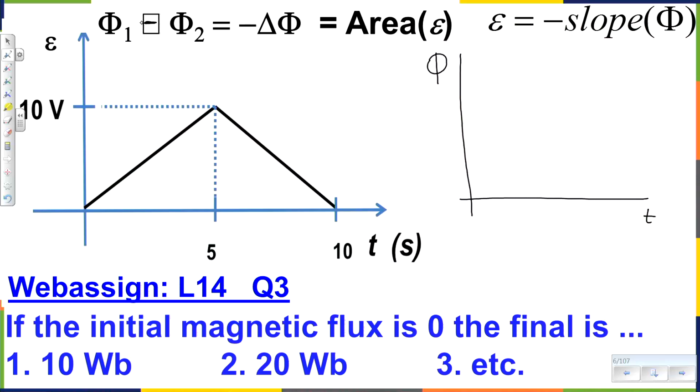But we don't have to do that. All we need is a number. If the flux changes from 0, what would be the final value of the flux? This might require a little bit more time, so I'm just going to drink my coffee.